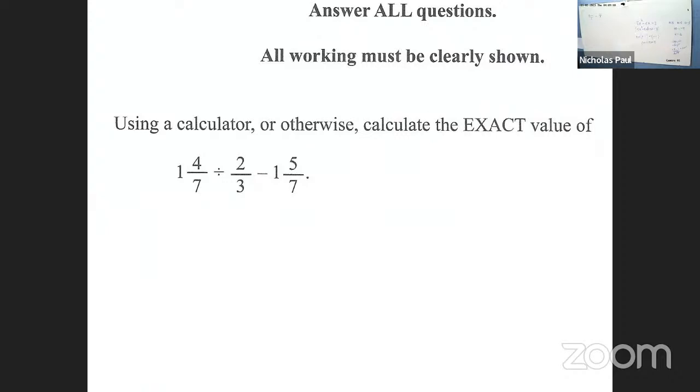All right, next. Write the exact value, right?